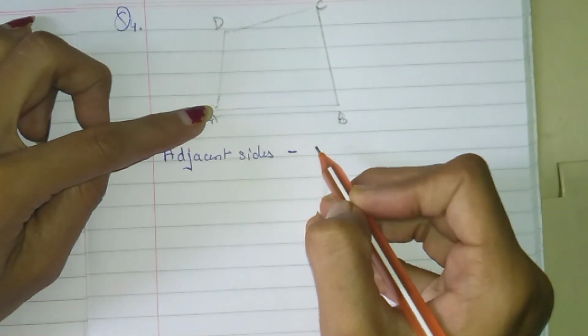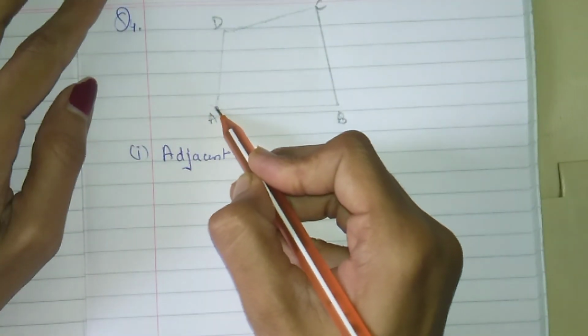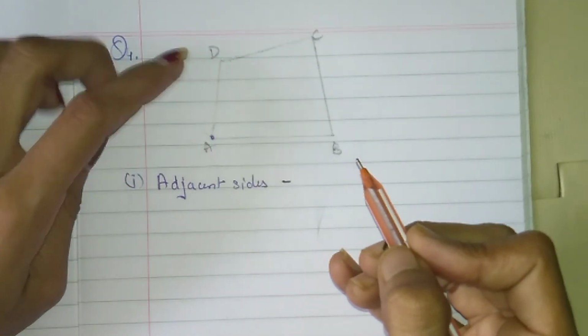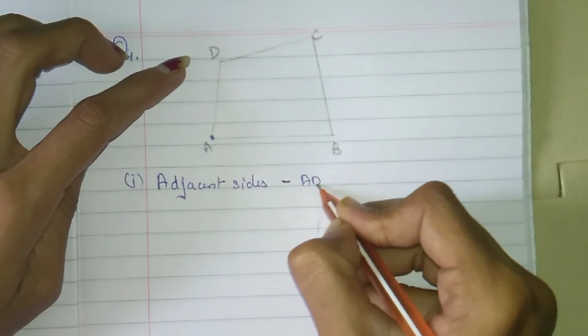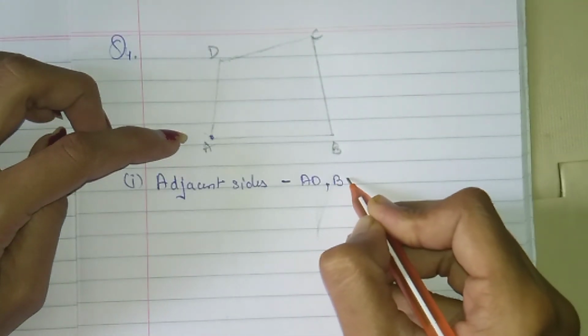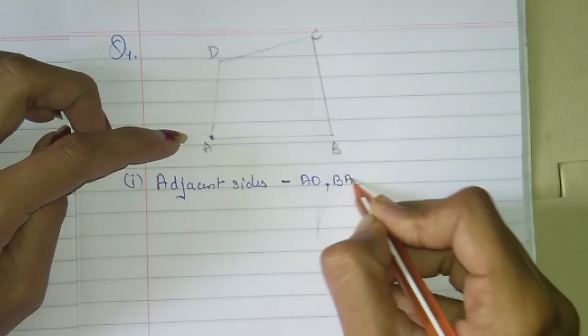First, if we take a common point A, the sides are AD, comma AB. Yes, BA, both are the same.